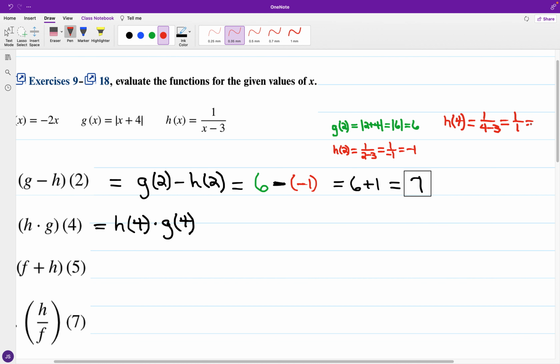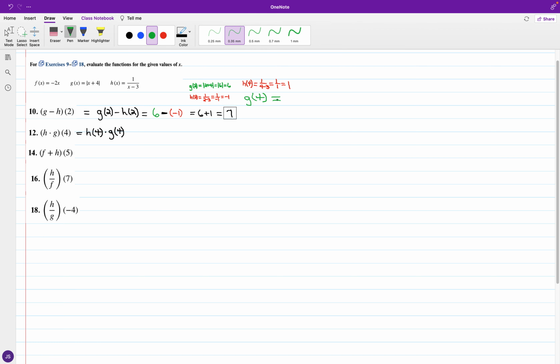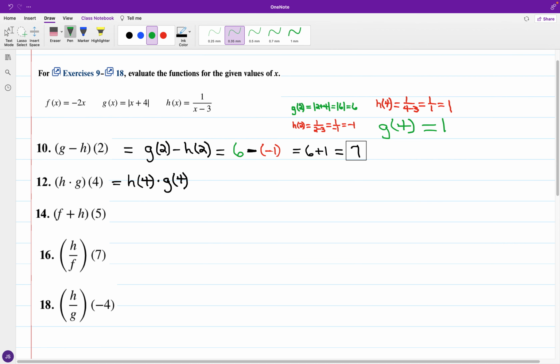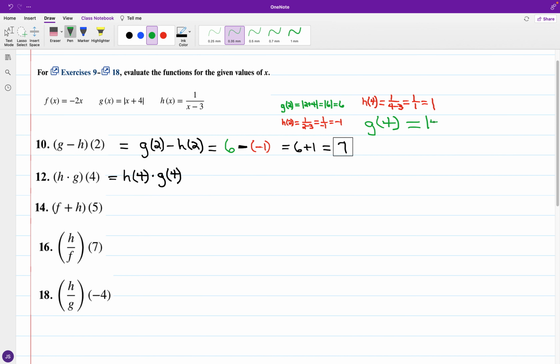In the case of g of 4, we're looking at the absolute value of 4 plus 4, so we have the absolute value of 8, and that is 8.